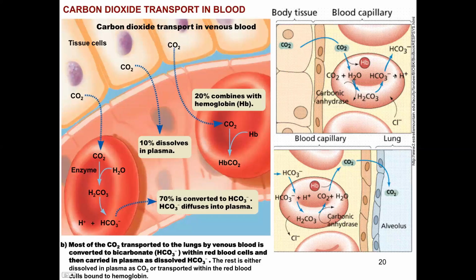Now, notice we are making some hydrogen ions here. This is why our body pH is more acidic in the tissues, because we're making this conversion for the CO2, and part of it is making this hydrogen. That can be neutralized somewhat using chloride. So some of it is neutralized using chloride.